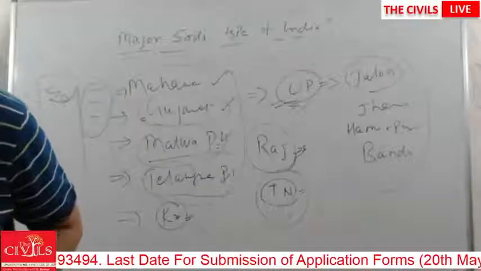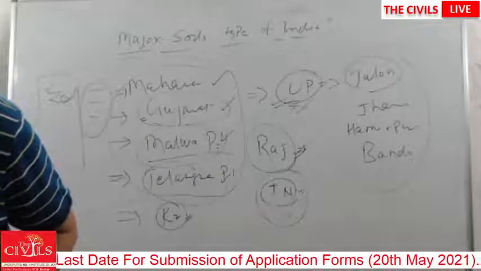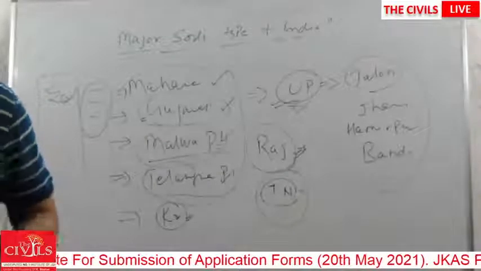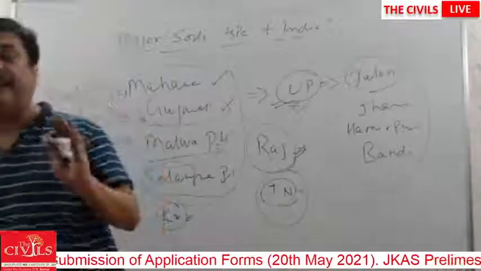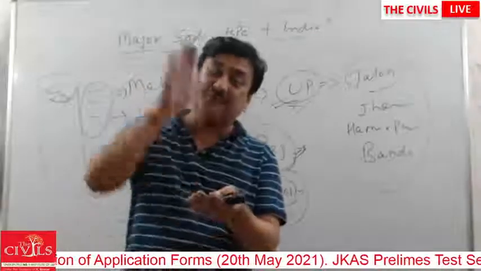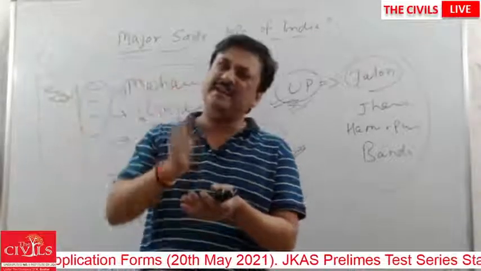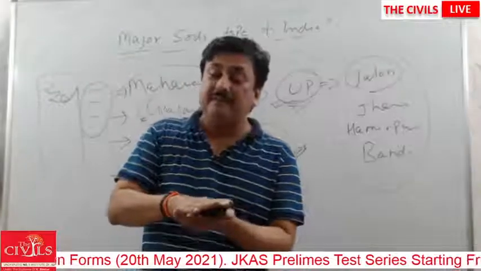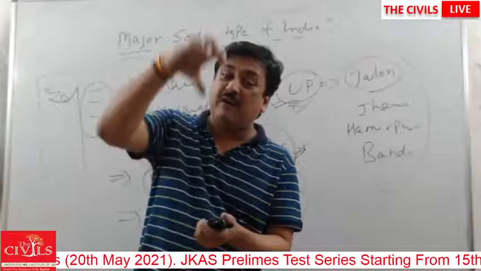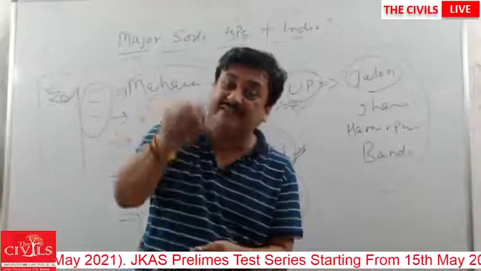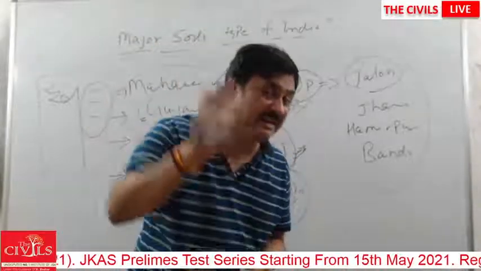Anjali asks: sir, why do cracks develop due to dryness as it has a high water holding capacity? Yes, the water holding capacity is very high, but this soil is also found in those areas which receive rainfall less than 75 centimeter.